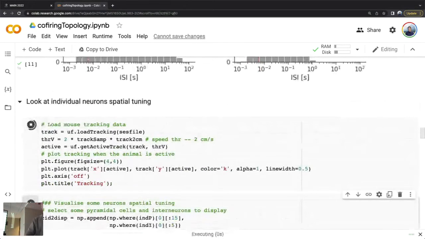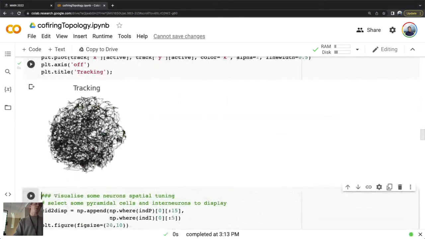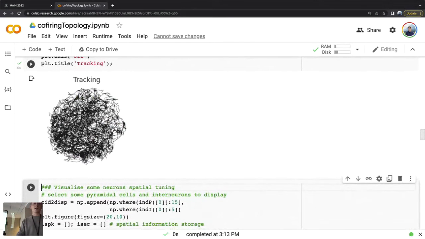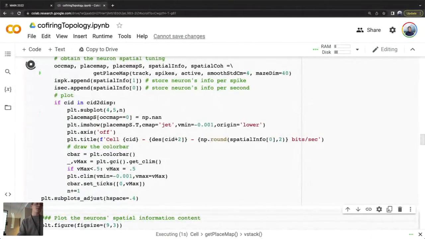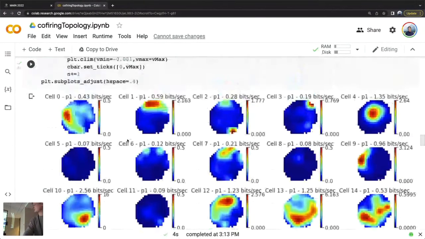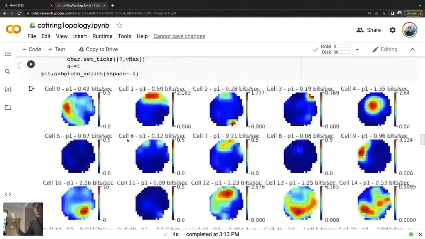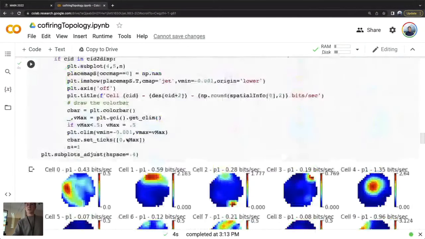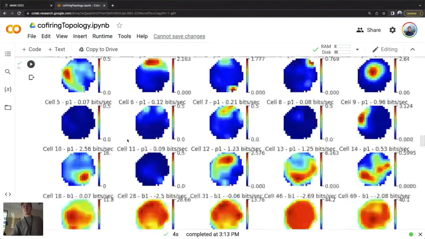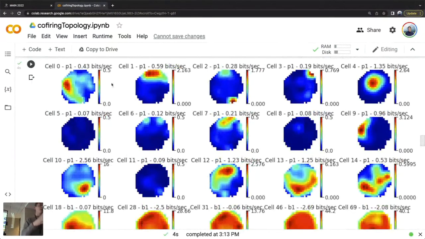Okay, so now what principal cells in the hippocampus are known for is that when the animal is exploring an environment, and here you can see the trajectory, we see that these neurons actually show place maps. Here I've chosen a selection of them, the first 16 principal cells, where you can see some narrow spatial tunings, like in cell number 4, for example, which is very pretty.